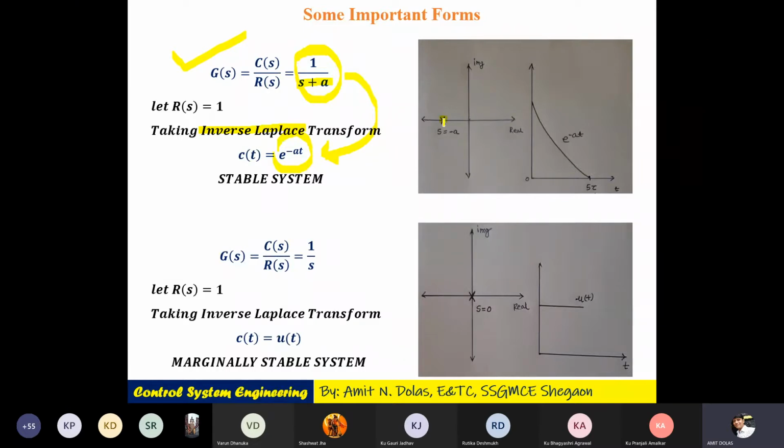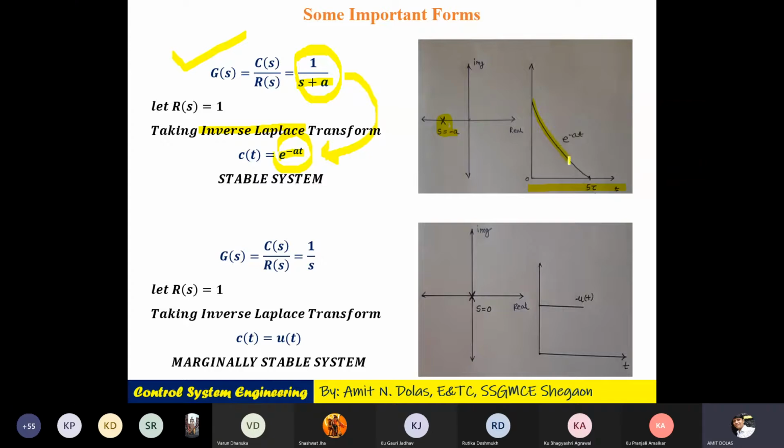So you can see one single pole is located on the s plane, on the left hand side. I have put the image here. It is minus a, and the response is e raised to power minus at. If you put the value of a here, then from time t equal to 0 to t, you will find it is an exponential decay.